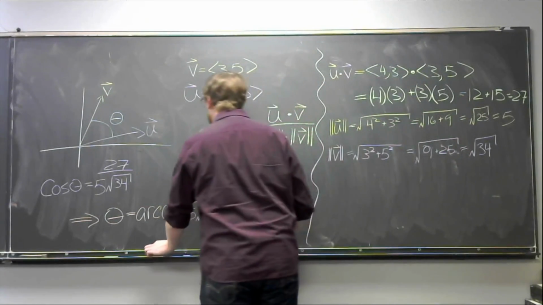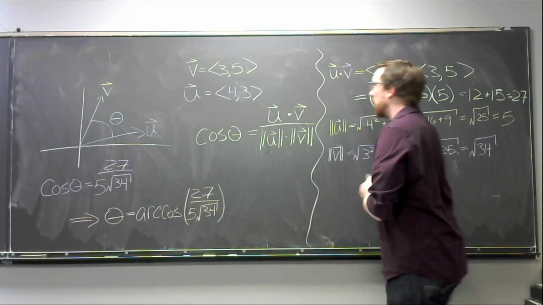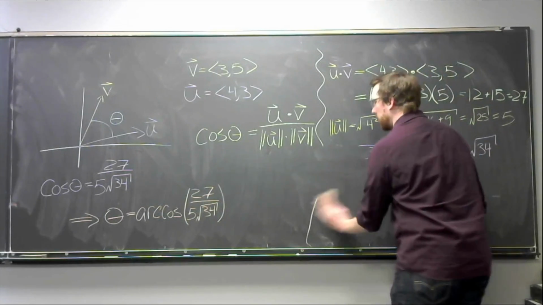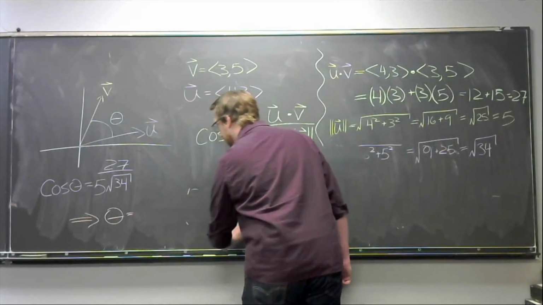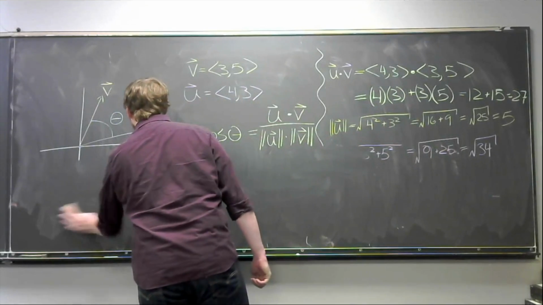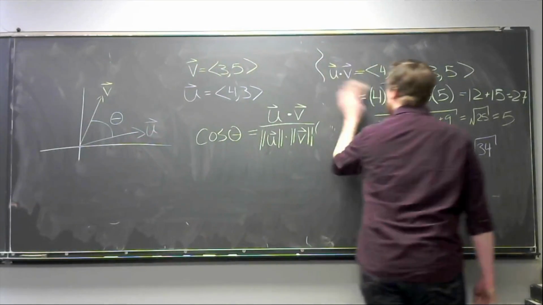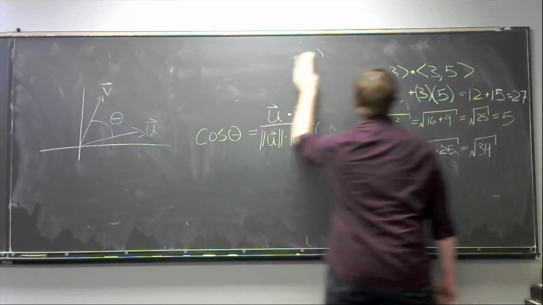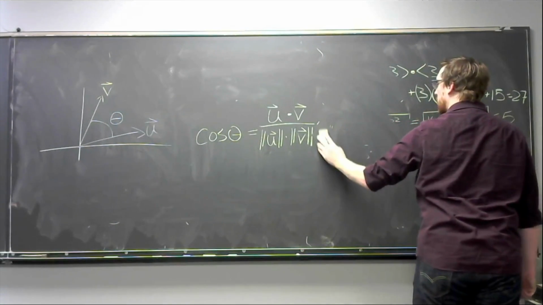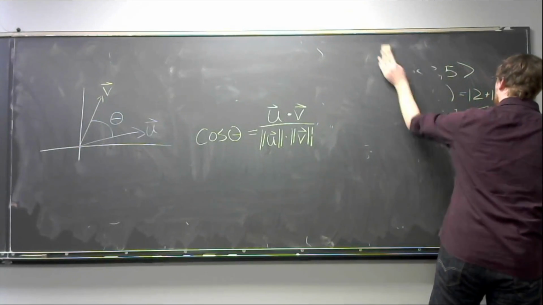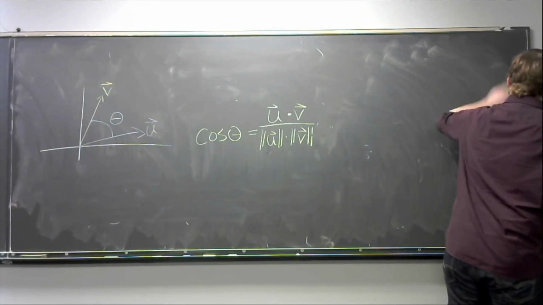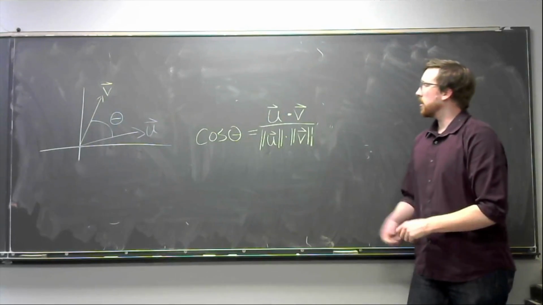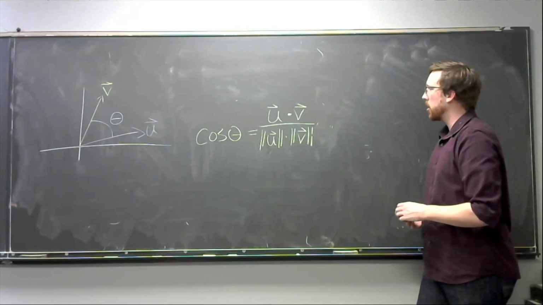Now, there's an observation that we can make here as well. I'm going to erase some of this really quick, because what I want to show now is an observation that we can make from here.